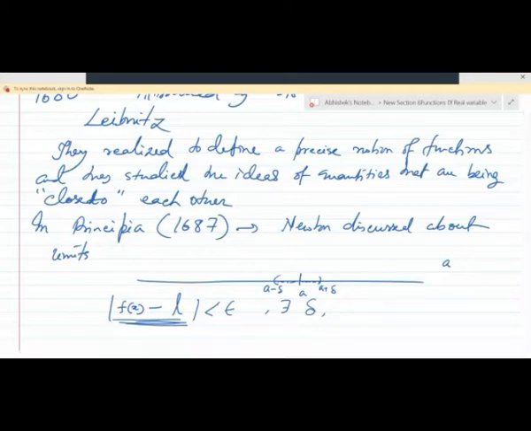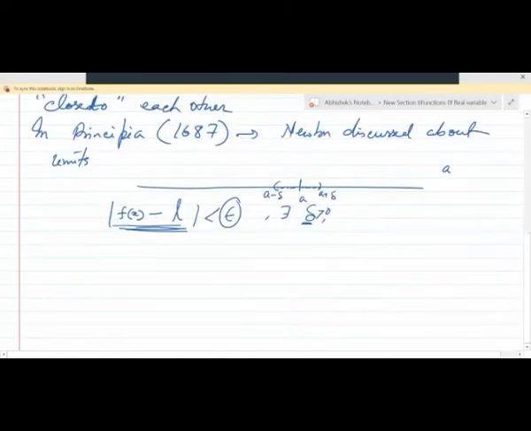So for this real number epsilon, you are having a delta which must be greater than 0, such that in between these real numbers a minus delta and a plus delta, the real numbers are approaching towards a from the left side and from the right side. Okay.